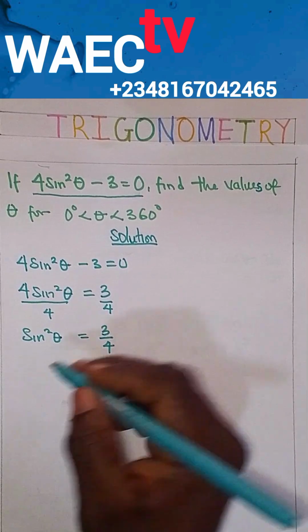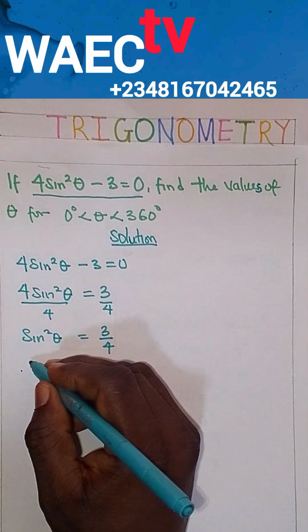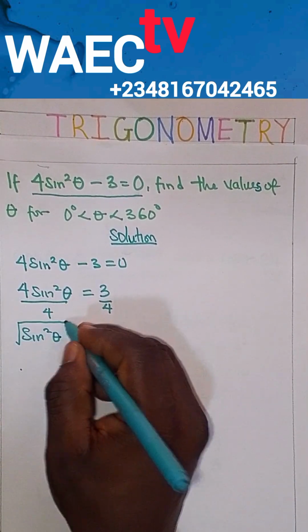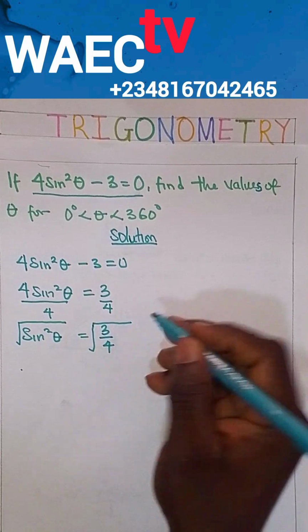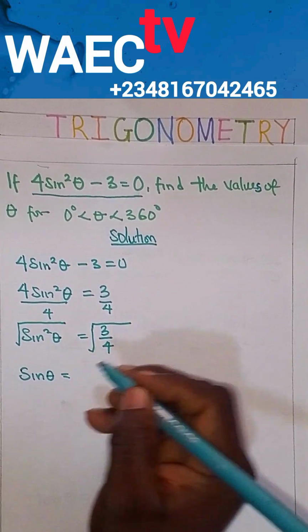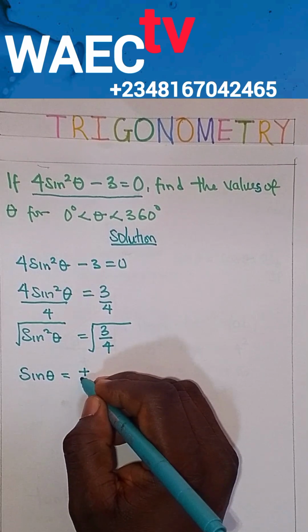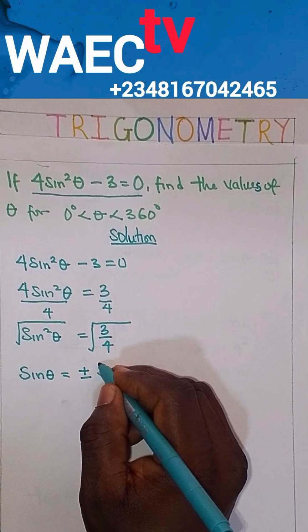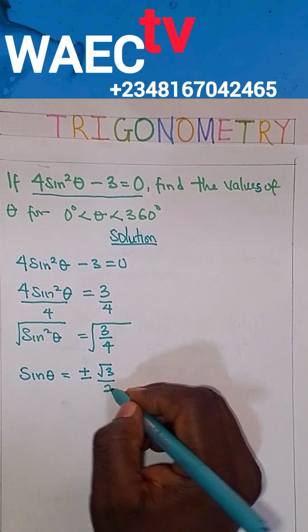What we'll do now is take the square root of both sides. The square root of sine squared theta will give us sine theta, and the square root of 3 over 4 will give plus or minus root 3 all over 2.